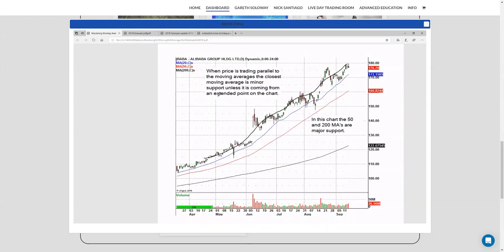So you always remember, when price is running parallel, this will always be minor. I'm going to show you guys in another 30, 40 minutes how to use the 20 MA when it's major and minor, okay?